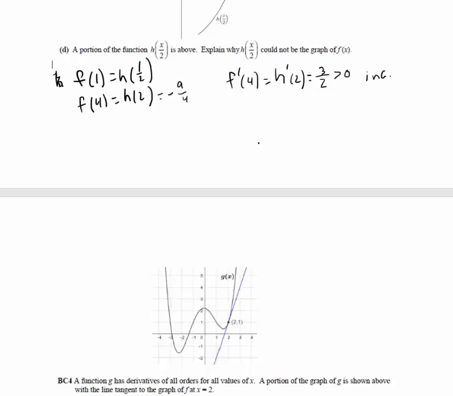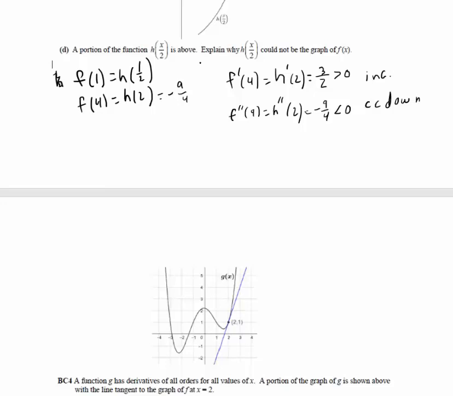So now let's look at the second derivative. f double prime at 4 is equal to h double prime at 2. And from the table, that's equal to -9/4, which is less than 0, which means that you should be concave down. And guess what?